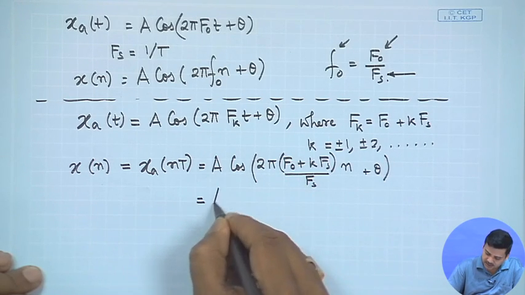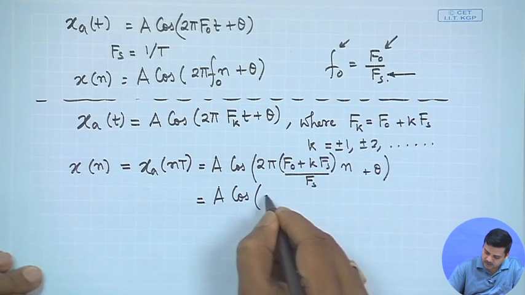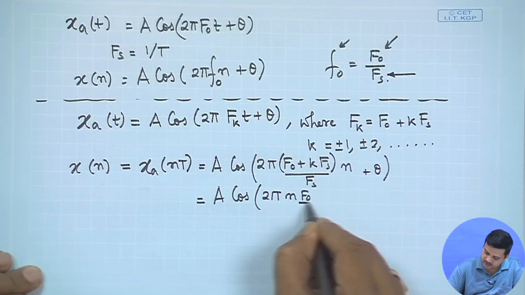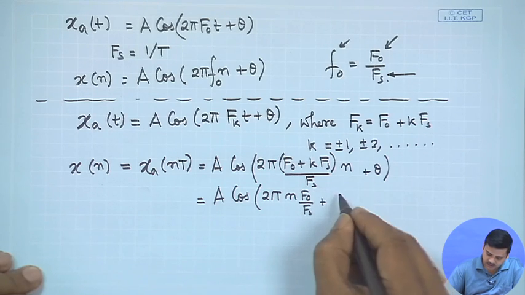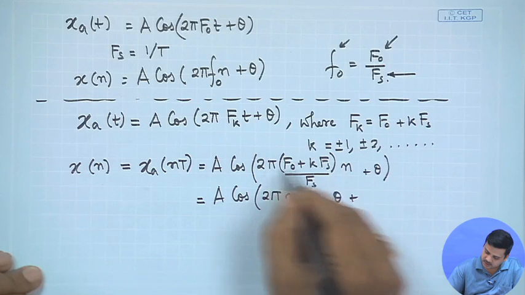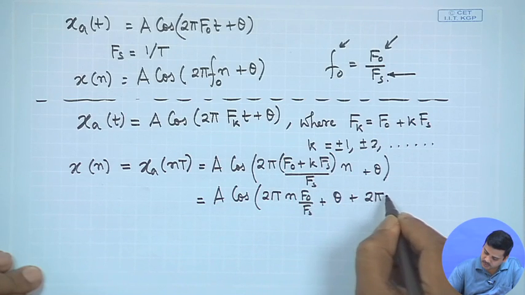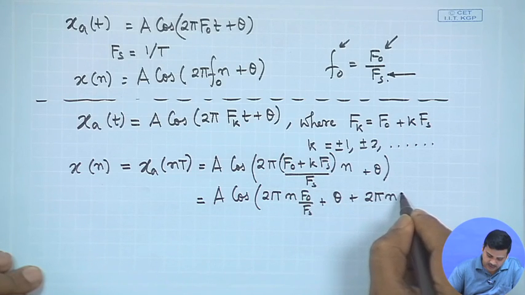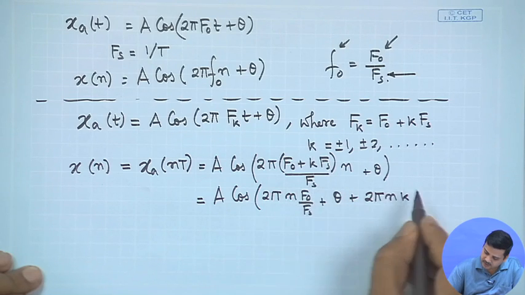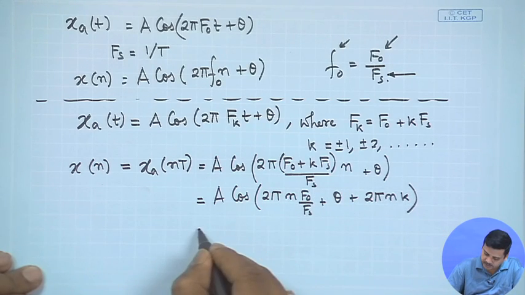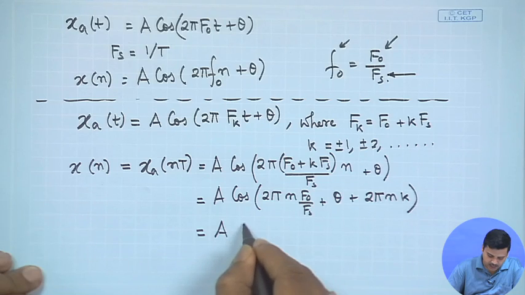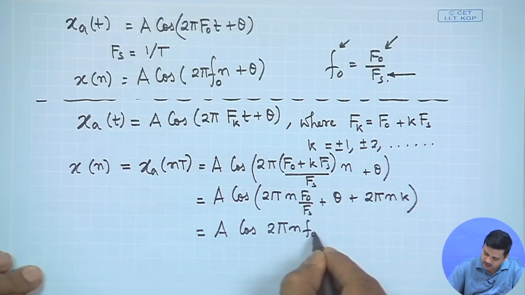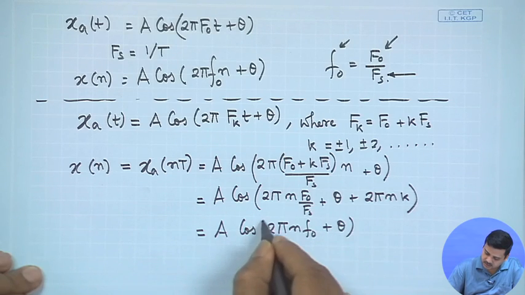So, this results in A cos 2 pi n F 0 upon F s plus theta plus, let us look at this, 2 pi, we have n, and k, because F s and F s cancel out. So, this is what remains, which is equal to A cos 2 pi n f 0 plus theta.